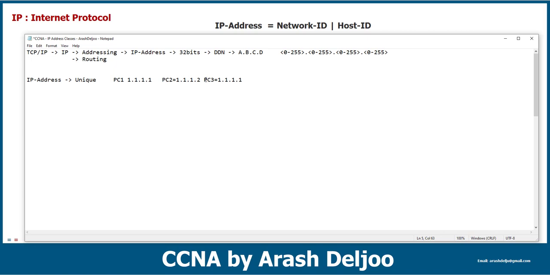As you can see here, we have two hosts, PC1 and PC3, with the same IP address. We call it a duplicate IP address, and a duplicate IP address is not acceptable in TCP/IP networks. For example, assume that now PC2 needs to send traffic to PC3.